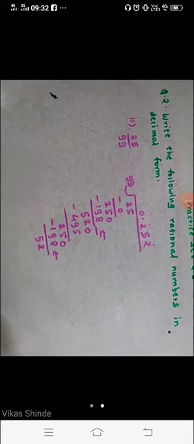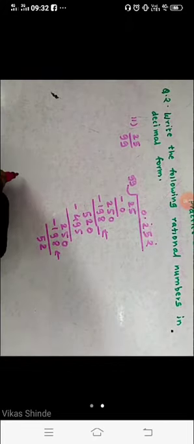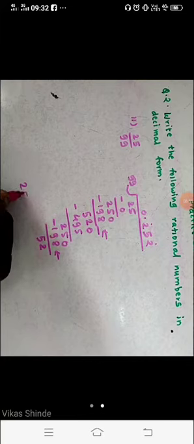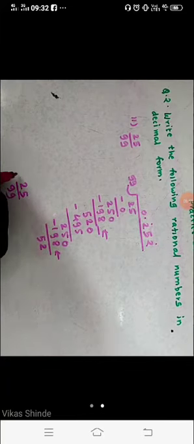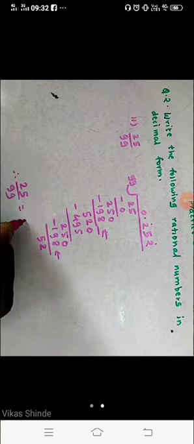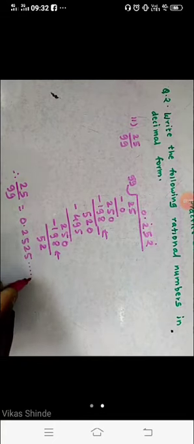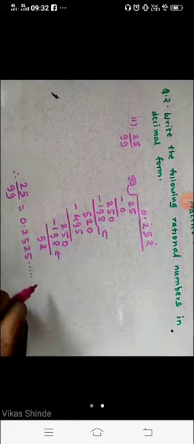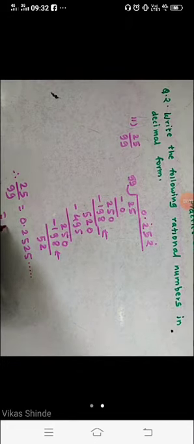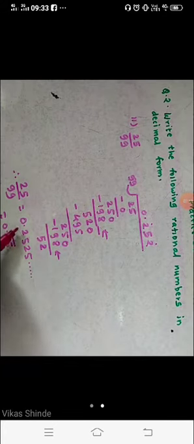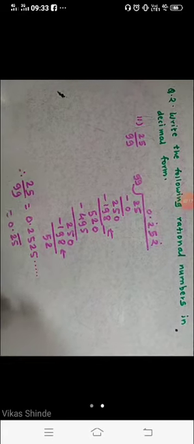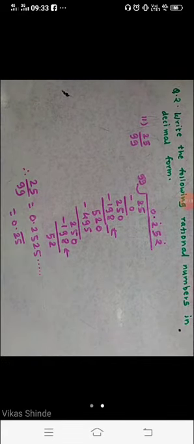So we have to stop our calculation. We write 25 upon 99 is equal to 0.2525, like that. Means we write 0.25 with a bar, because 25 is continuously repeated if you calculate again and again.